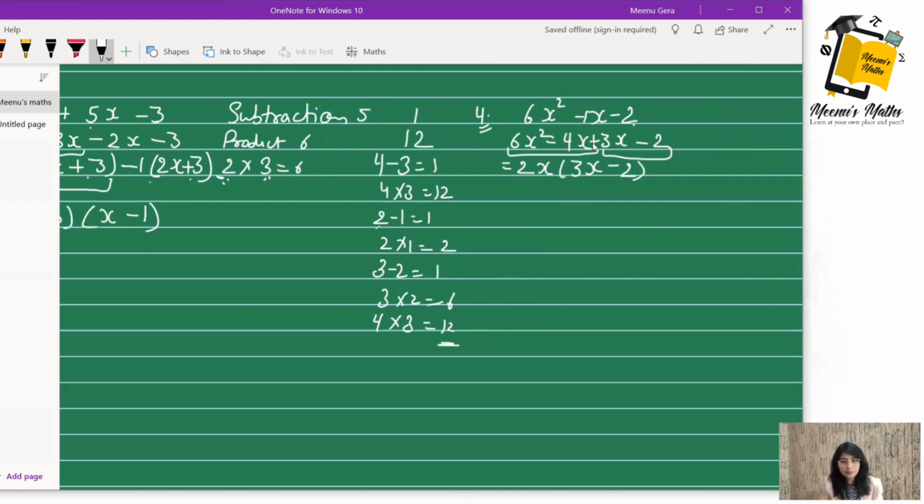It will be plus here. 3x and 2. There is nothing common here like the last sum. So just take 1 as common. Because we are taking 1 as common, the same term will be inside the bracket.